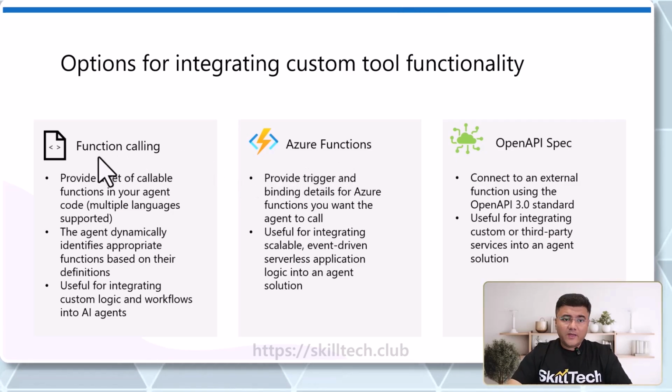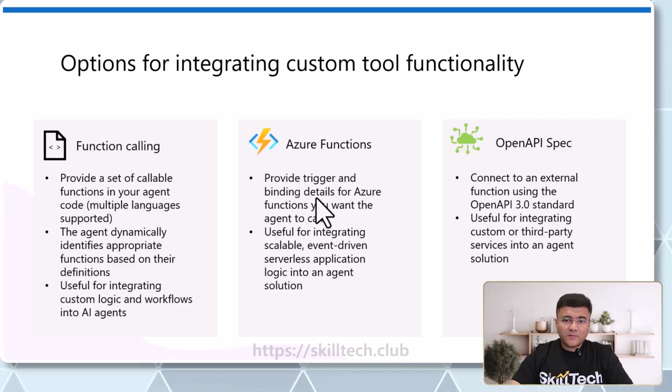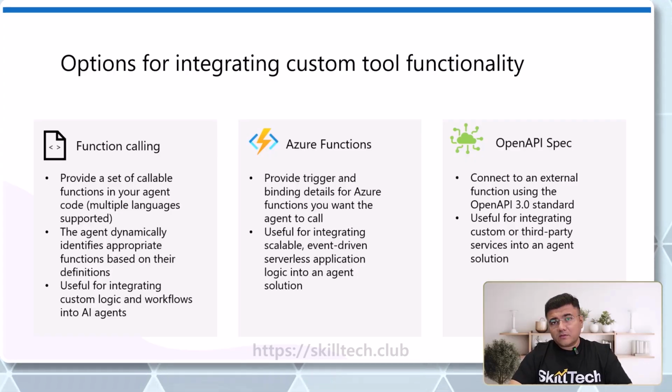Now, once we are focusing on function calling, a similar kind of thing we can implement with Azure Functions also. We can provide triggers and bindings, which are built into every Azure Function, and then we want our agent to call that particular Azure Function. That's also integrated. We are going to use this in the coming labs too, so stay tuned.